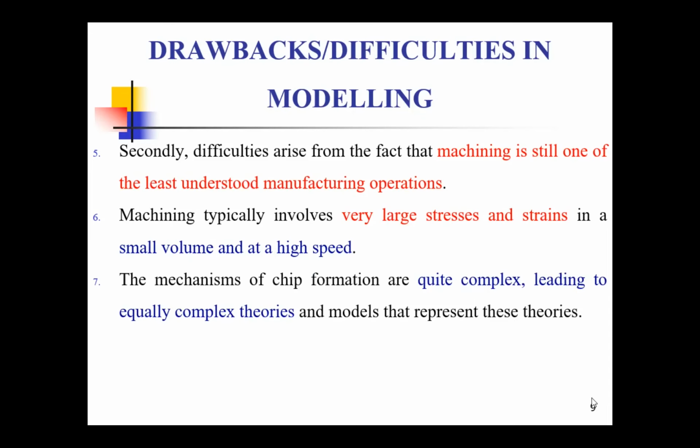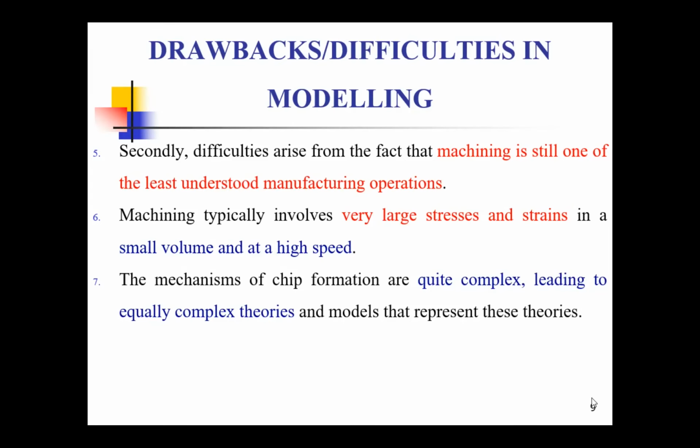The next thing is the complexity in the mechanism of chip formation. The chip formation study is also an important study. Whenever we consider chip morphology and chip formation studies, it leads to complex theories. Normally, we will be using the Piispanen model of chip forming, which we will see in the subsequent slides.